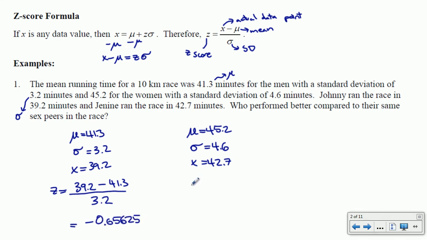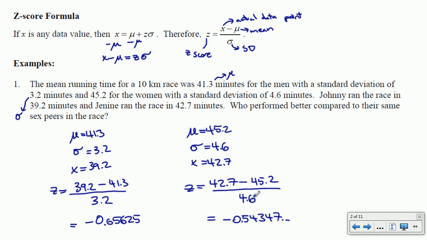And the Z score for Janine, we use the same formula, but we use the women's data. That'll be 42.7 minus mu, which is 45.2, divided by sigma, which is 4.6. And that gives us a Z score of -0.54347, and some other digits.